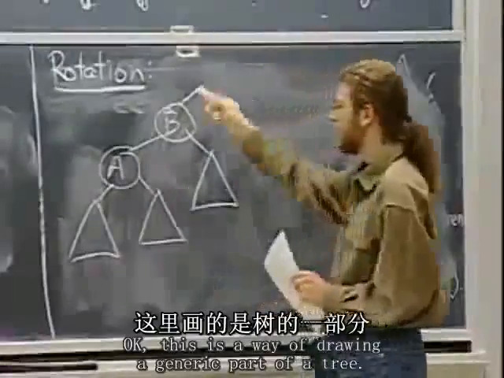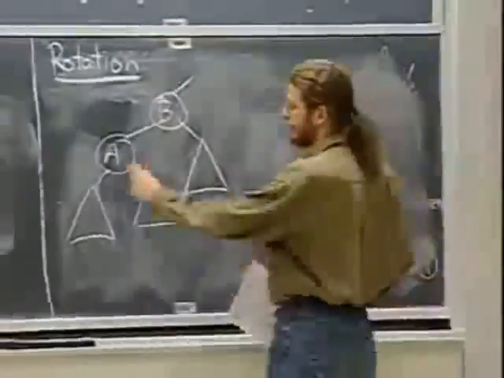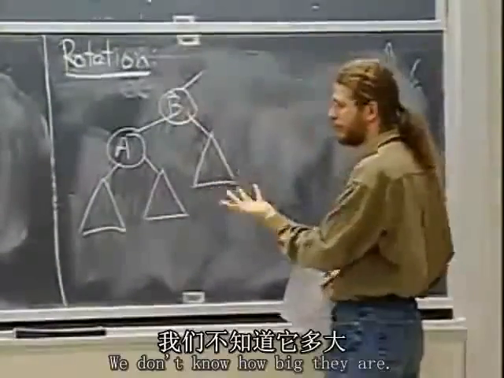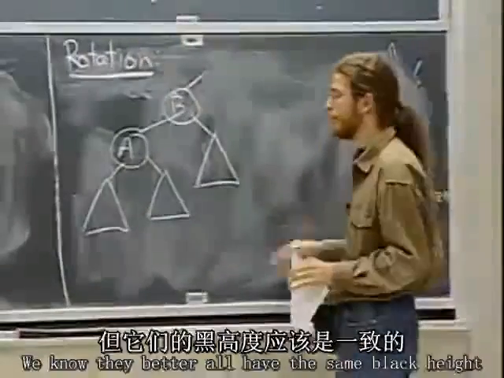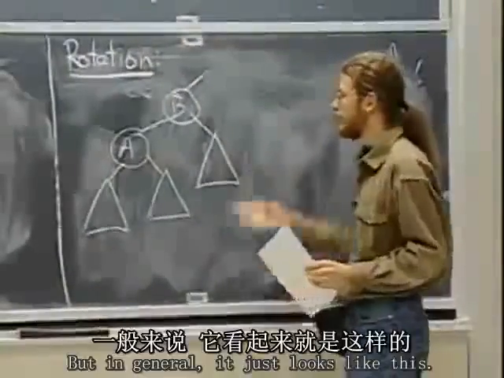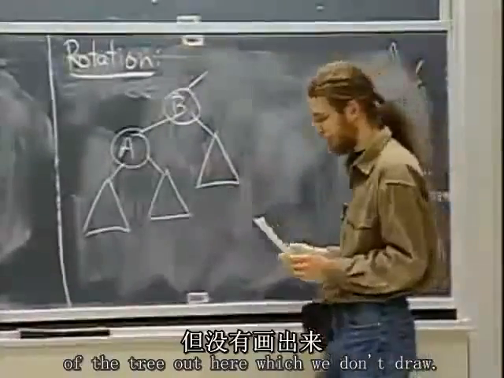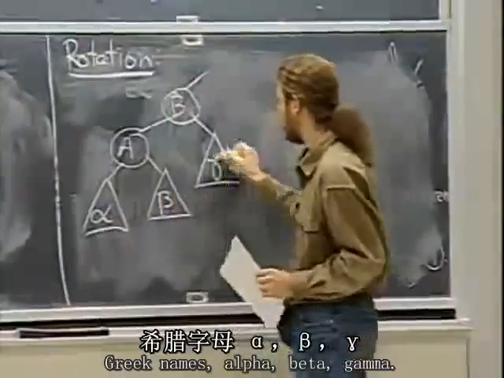Okay, this is a way of drawing a generic part of a tree. We have 2 nodes A and B. There's some subtrees hanging off, which we draw as triangles. We don't know how big they are. We know they better all have the same black height if it's a red-black tree. But in general, it just looks like this. There's some parent and there's some rest of the tree out here, which we don't draw. I'll give these subtrees Greek names, alpha, beta, gamma.